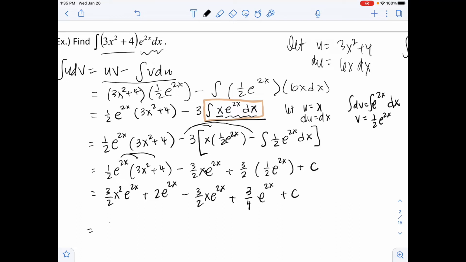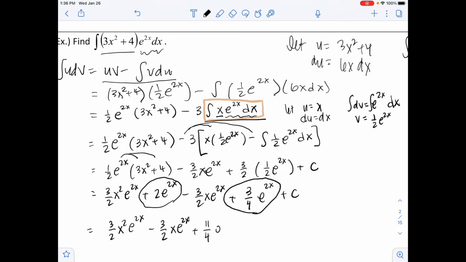And so I have a 3/2 x^2 e^(2x). And then we have a minus 3/2 x e^(2x). And then I can combine 2 e^(2x) and 3/4 e^(2x). So this would be combining 8/4 plus 3/4, and we get 11/4 e^(2x), and then plus c.